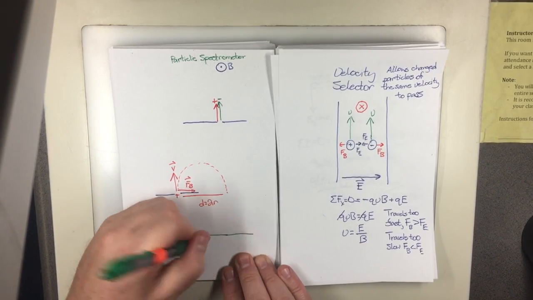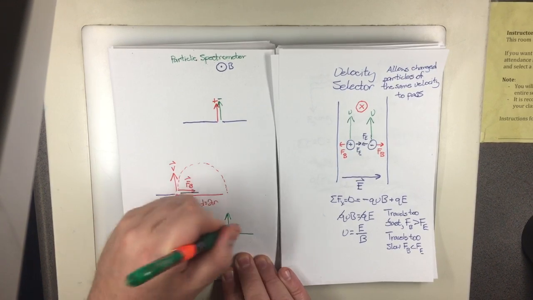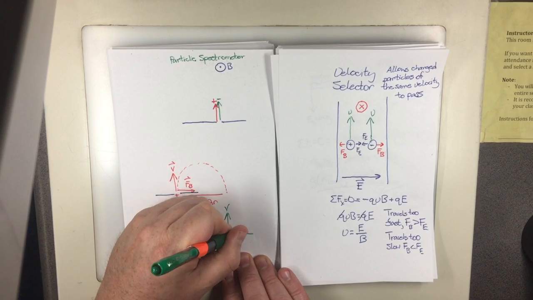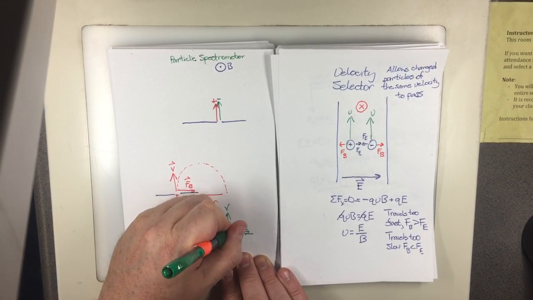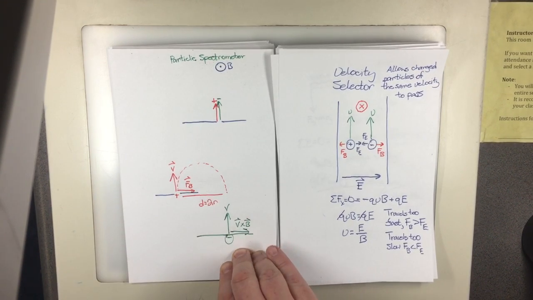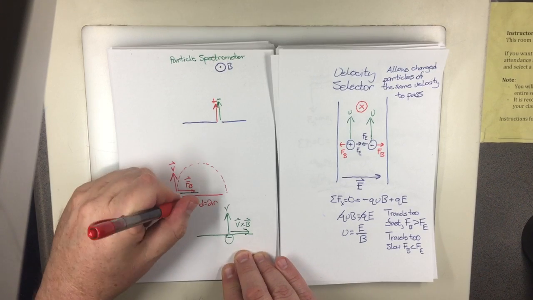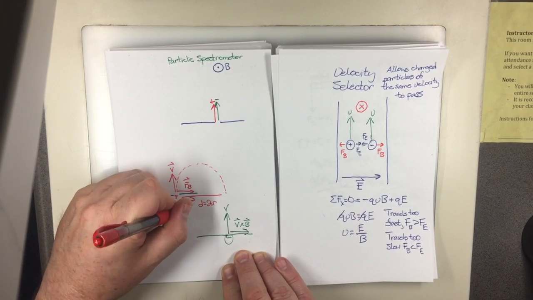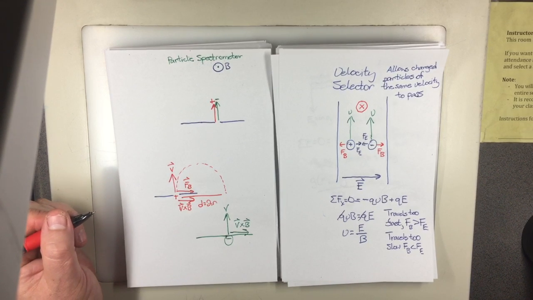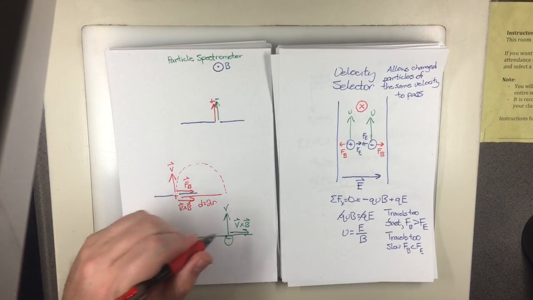For a negative particle, V cross B is to the right, just like V cross B is to the right for the positive particle, but it's a negative charge.